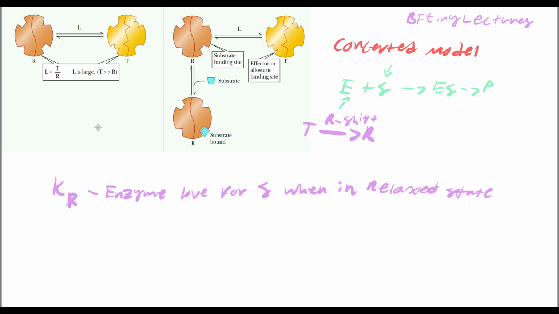Okay, so now we can actually predict the next affinity factor. Right here, this is going to be Kt. So it's the same thing: the enzyme love for S when in tight state.